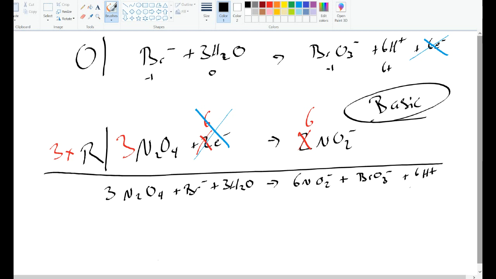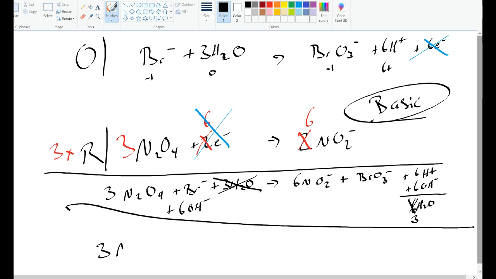So we need to get rid of those H plus, so 6OH minus on the right, and plus 6OH minus on the left. All right, H plus and OH minus makes water. So the water disappears on the left, and we're left with 3 water on the right.